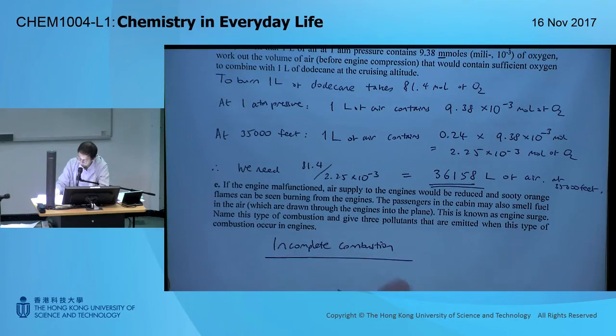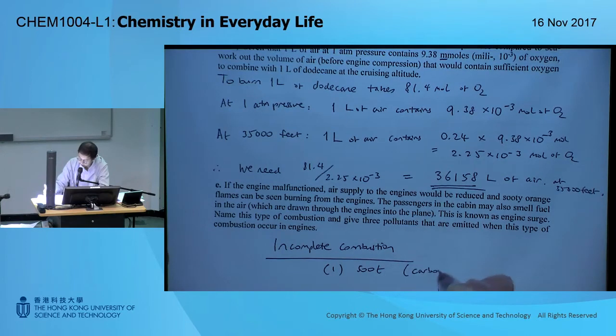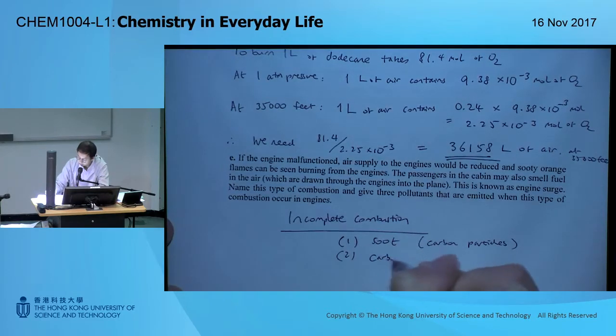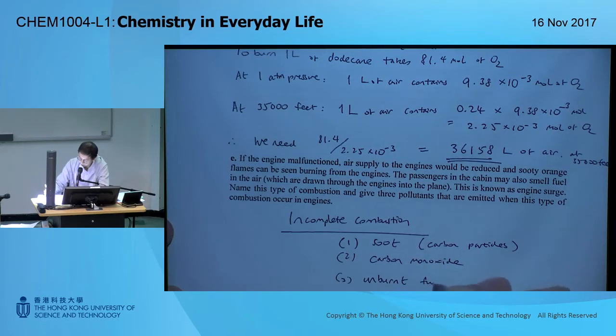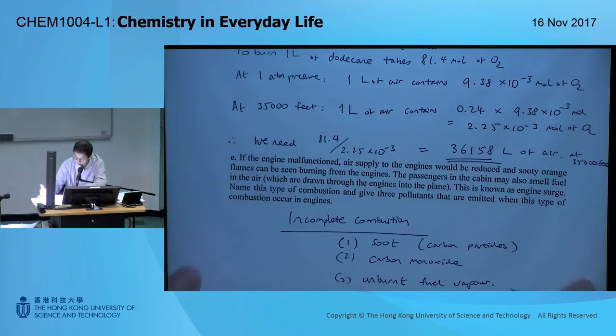There are 3 different substances that can be produced, such as soot, carbon particles, carbon monoxide, and also unburnt fuel vapors. This is a type of VOC, volatile organic compounds.